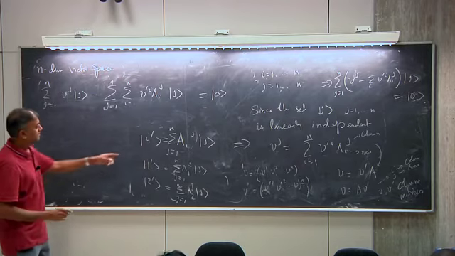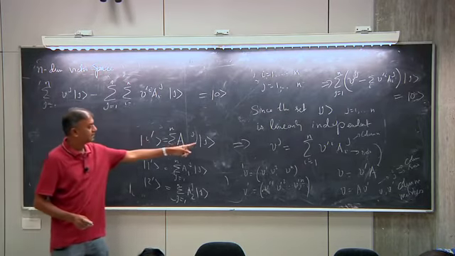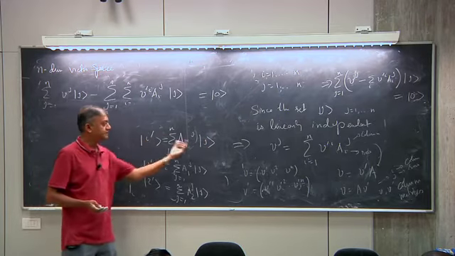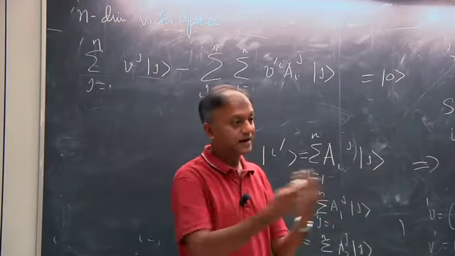So let's see. We said both i prime and j are bases. Here what I did was I expanded i prime in terms of j. But I could have done it the other way around.